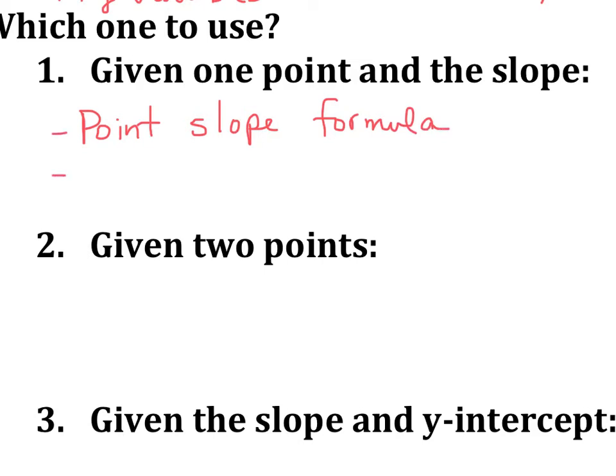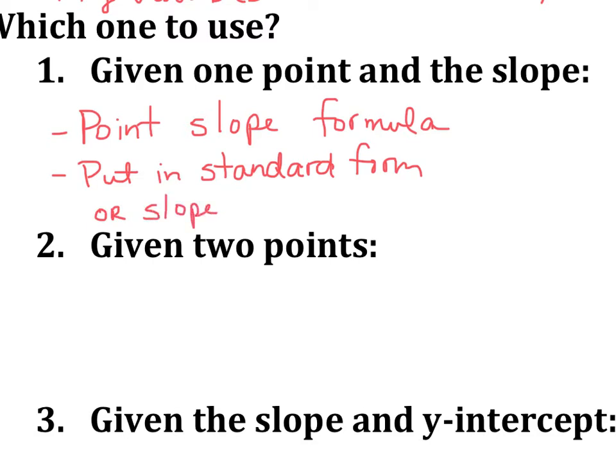If you insert into the point slope formula, you're going to need to distribute your slope, and then you're either going to put it in standard form, usually, or slope intercept. Why those two? They're easy to graph from, and that's why we use both of those lines.